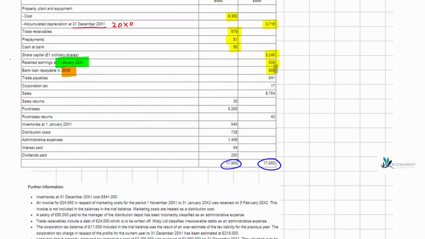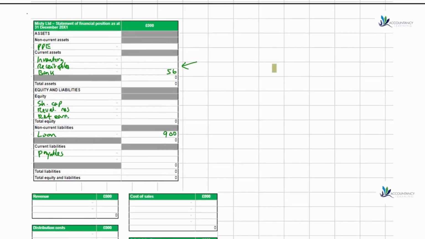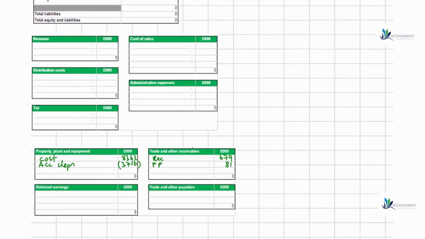Then we have trade payables of 641. So that's going to be a current liability. So we've entered trade payables into our answer. So should we put the number straight into here? Well, let's see if there's a working available. And yes, there is. So let's put it into the working.